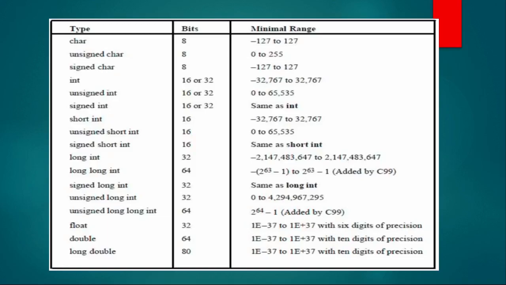Because if you try to use a data type that takes a lesser amount of memory than the value you want to represent, there is going to be an overflow. So you are going to have a wrong value at the end of the day. That is the implication of using smaller data types than what you actually need.